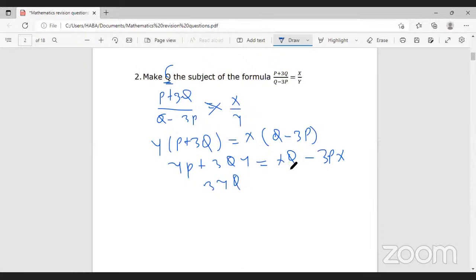Since this is positive, when it crosses the equal sign, it becomes negative: minus xq is equal to negative 3px minus yp. Are we there? Is it understood?